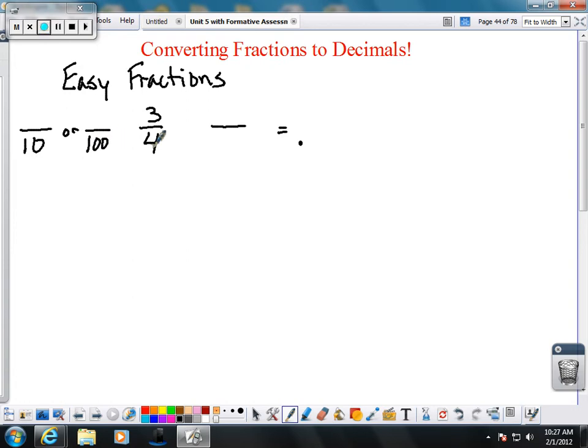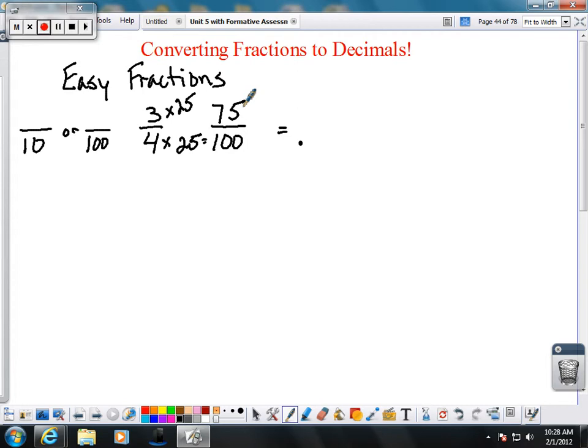I know I can't convert a 4 into 10, but I can make my 4 into 100. The way I do that is by multiplying 4 times 25, which equals 100. What I do to the bottom of my fraction, my denominator, I must do to my numerator. So let's multiply 3 by 25, and 3 times 25 is 75.